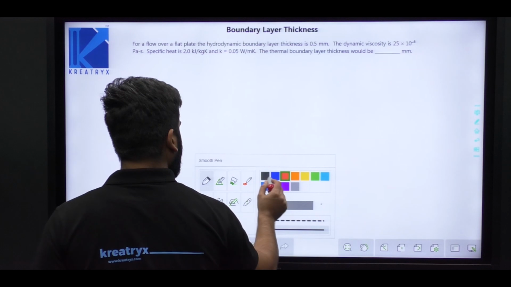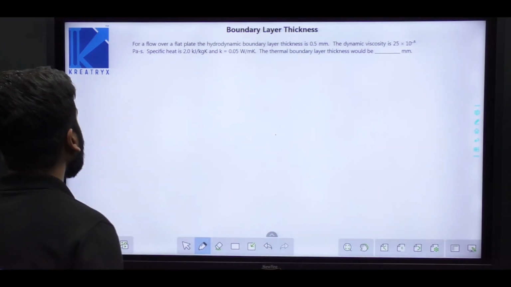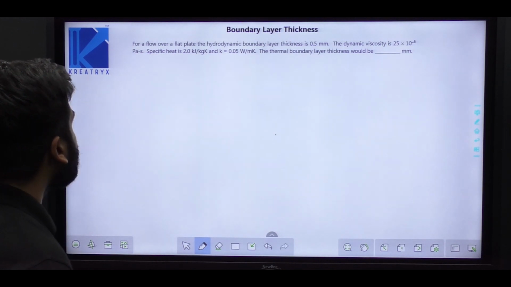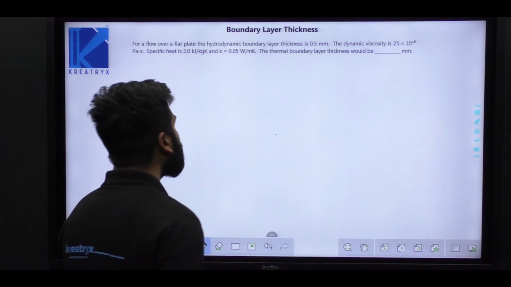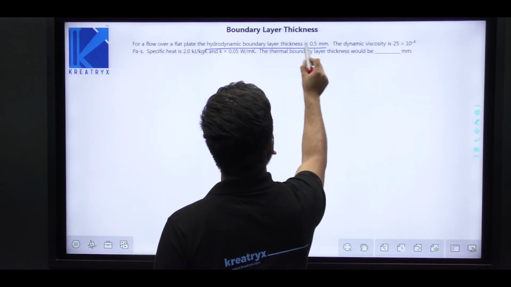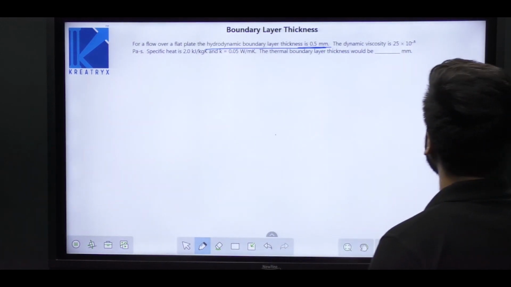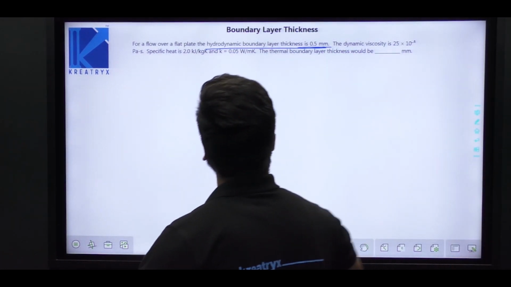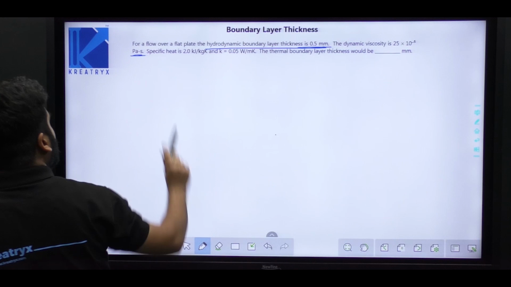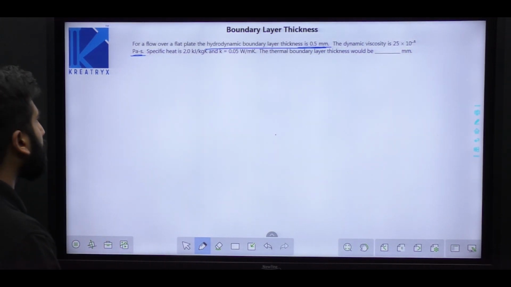Next question. For a flow over a flat plate, the hydrodynamic boundary layer thickness is 0.5 mm. So the hydrodynamic boundary layer thickness is given to you. The dynamic viscosity is 25 into 10 to the minus 6 Pascal second, and specific heat is 2 kilojoule per kilogram Kelvin.